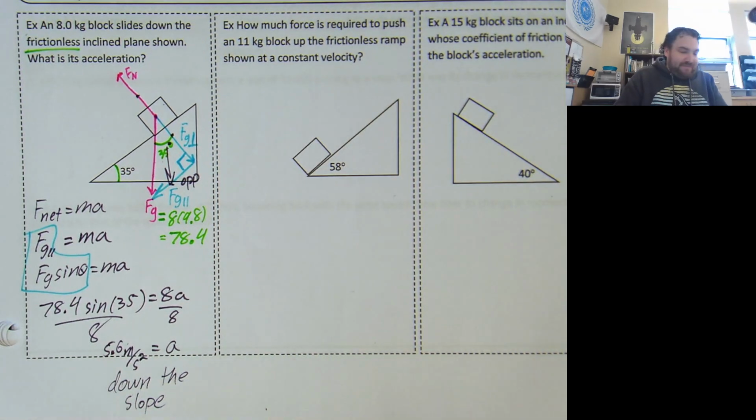If there are no questions, I'm going to keep going unless somebody stops me. How much force is required to push an 11 kilogram block up the frictionless ramp shown at a constant velocity? Okay, forces, what are they? Anybody? Give me a force acting in this problem.